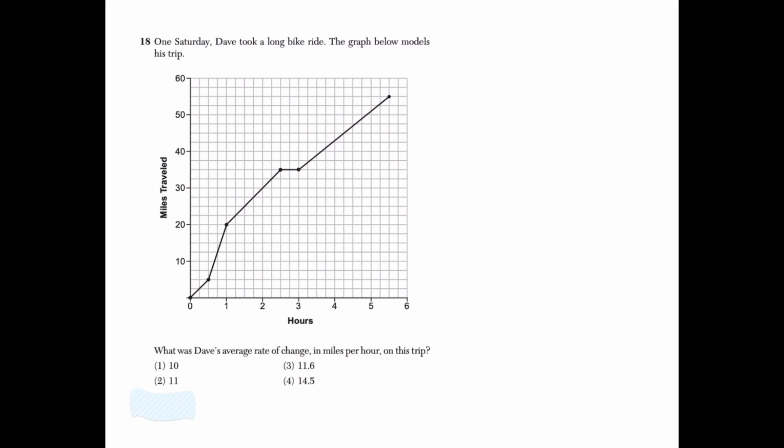All right, let's look at number 18. The answer for this one is answer 1. In this problem, we're looking for a rate of change. We have a graph. We see how Dave is on his bike trip, and we want to know what was the average rate of change in miles per hour. So out of all this graph, what is the average rate of change? I'm going to look from my start to my end, what was the rate of change?